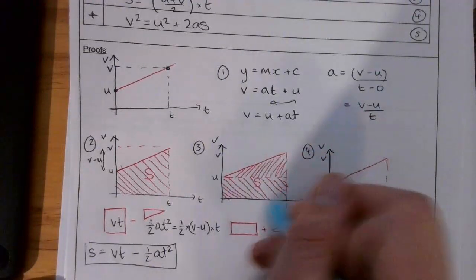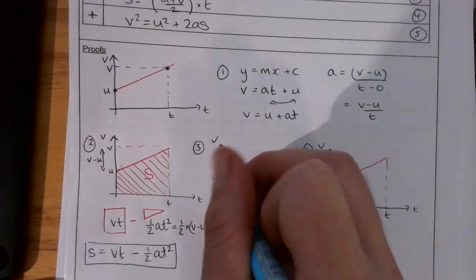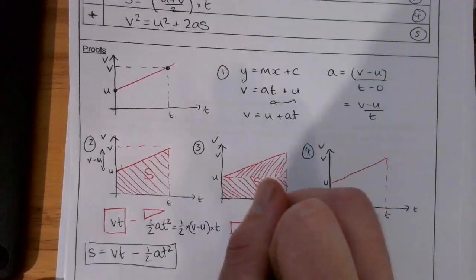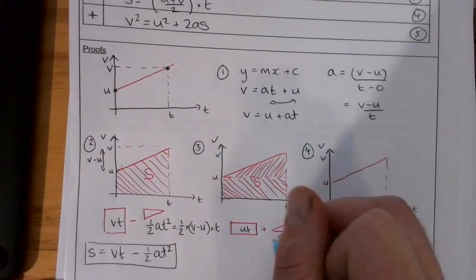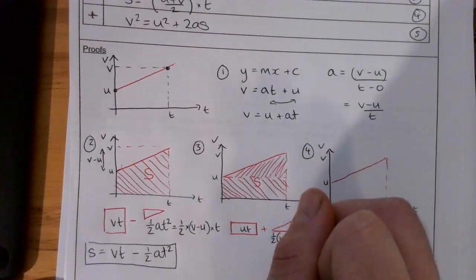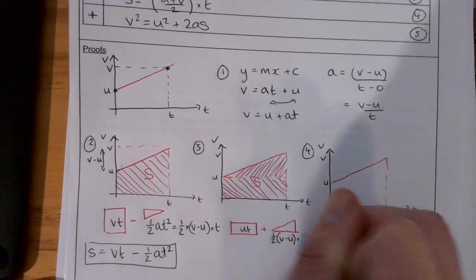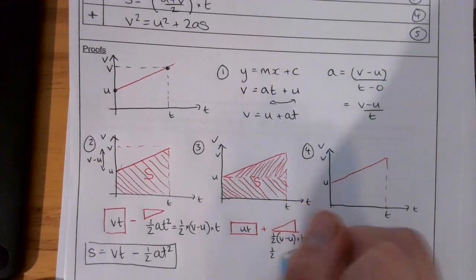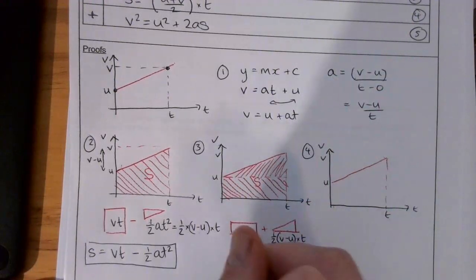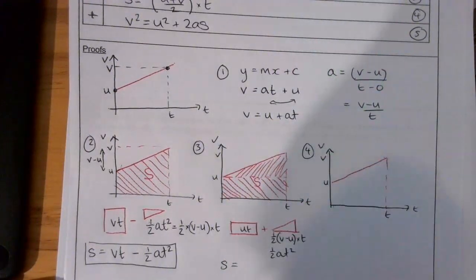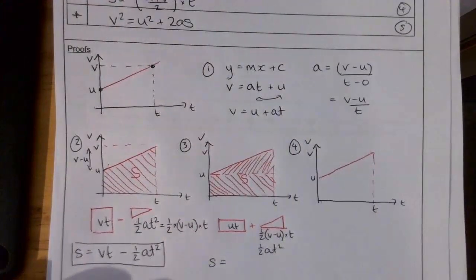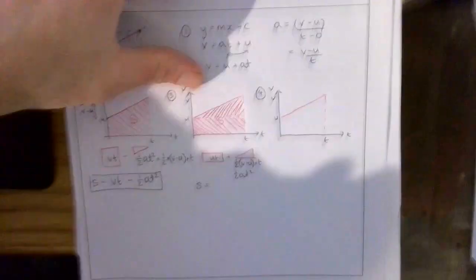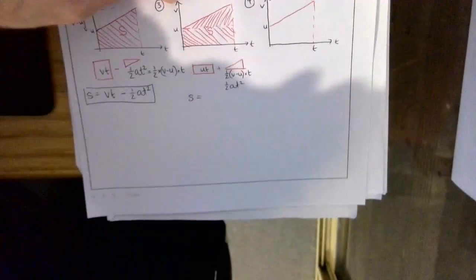The area of the rectangle at the base is u times t, so that's ut, and then this triangle again, well, it is exactly like before, a half times v minus u times t, and then using the first one, that's a half at squared, so the same as before. So my overall equation, s equals ut plus a half at squared.